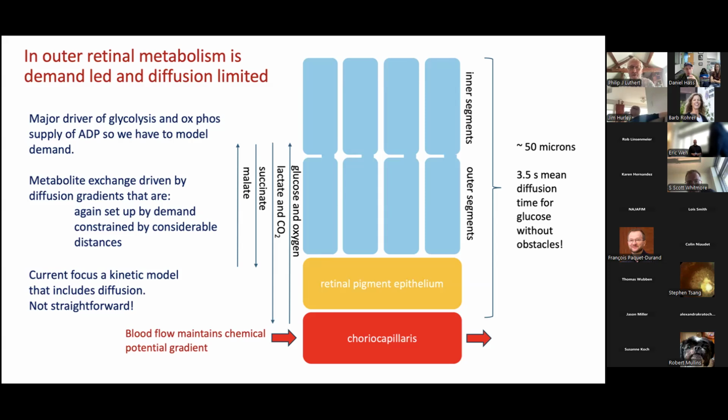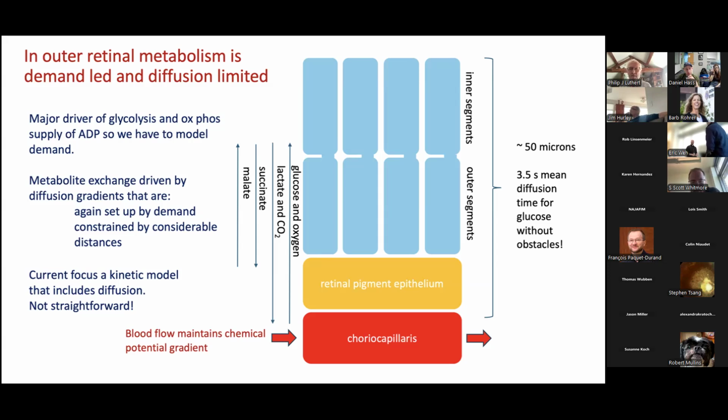It's not just glucose. We've got oxygen, lactate, and CO2 going in the opposite direction. And from Jim's lab, not quite such a big distance, but we've also got succinate and malate moving backwards and forwards. And so the concentrations of these metabolites becomes really important.